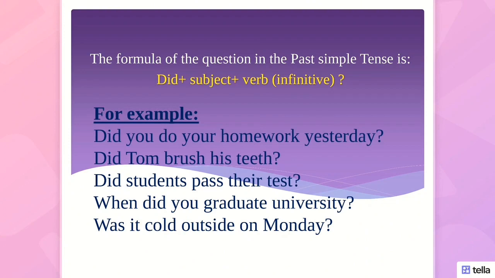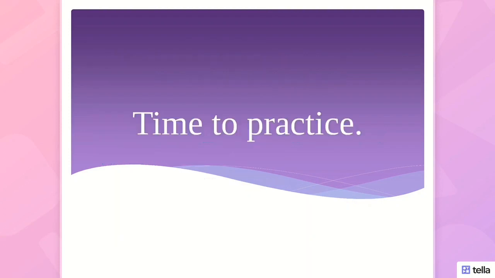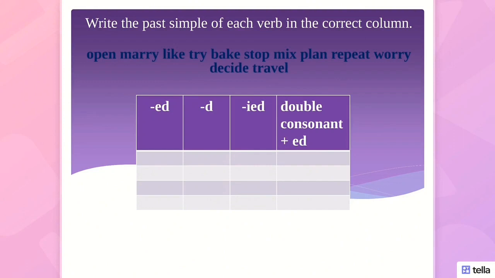Good job, guys. I hope you have understood that information, and right now it's time to practice. So, at first, take pens or pencils and copybooks or notebooks and redraw the chart that you see in front of yourself. When you finish redrawing, you have to write the past simple of each verb in the correct column.